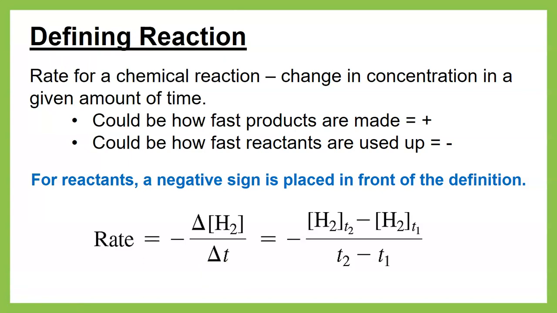Sometimes people get a little tripped up on the double negatives on things. Yes, a reactant has a negative change, but if we're talking about the rate of the overall reaction, we tend to express that as a positive by throwing this double negative in there.